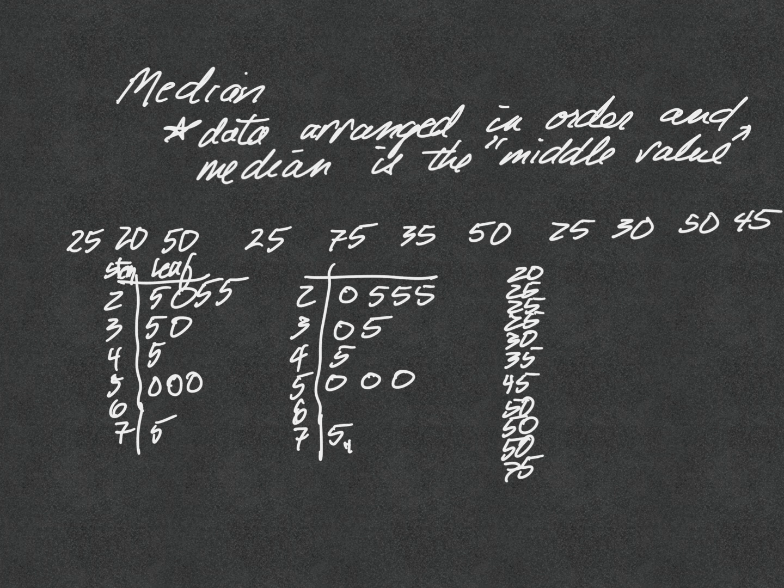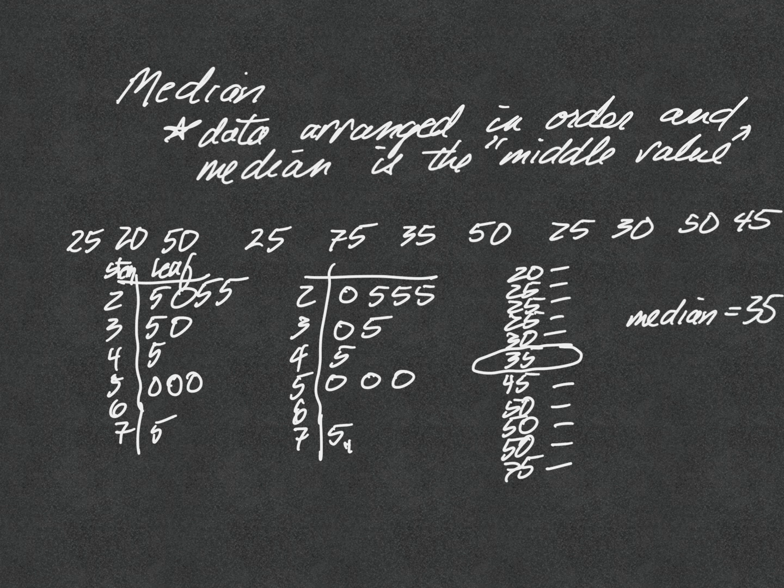So I need 5 terms: 1, 2, 3, 4, 5. And then from the top, 1, 2, 3, 4, 5. And so the exact middle term is 35. So I would say the median equals 35.